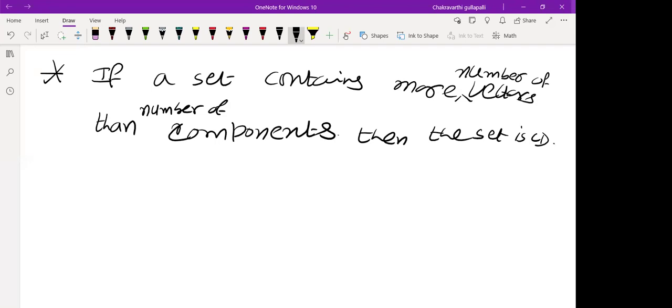So that's how we got it. We have taken up this. Even if 4 vectors are given, we can apply this.